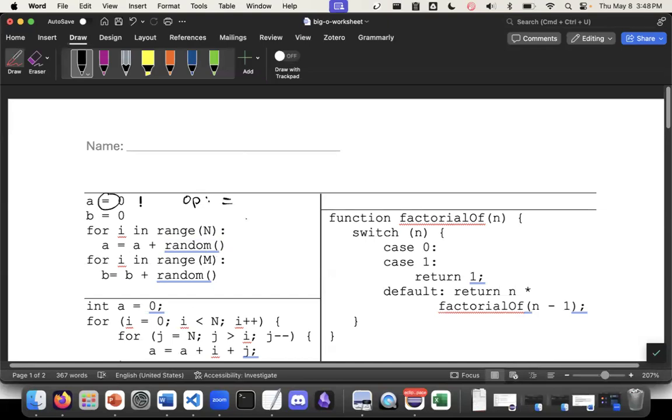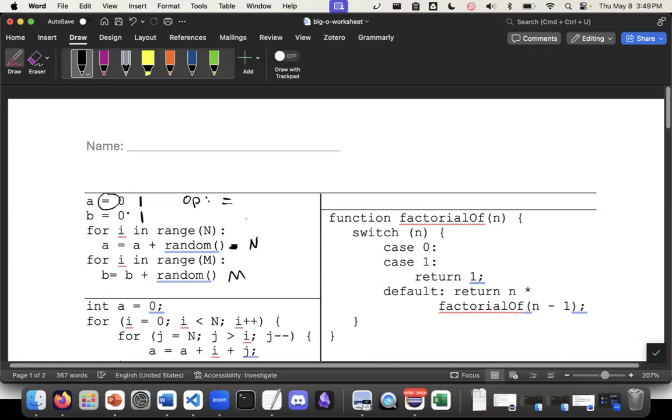It happens once here, once here. How many times does it happen here? We do a plus random, but since it's for i in range n, we do this n times. And then here for the assignment, we do this m times.